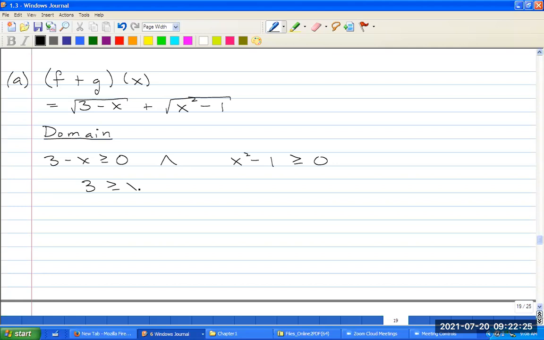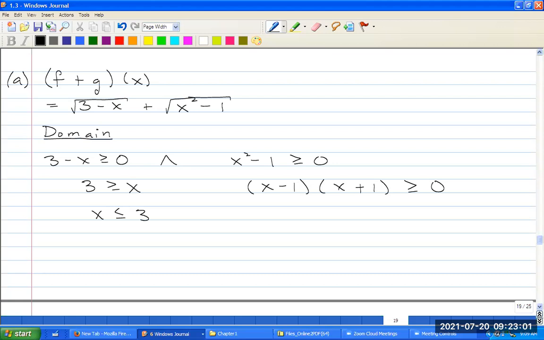So x is less than or equal to 3. I also have that I can factor x squared minus 1 as x minus 1 times x plus 1. X squared minus 1 is just the difference of squares, so I can use my special product formula to factor this. And so let's find my critical numbers.